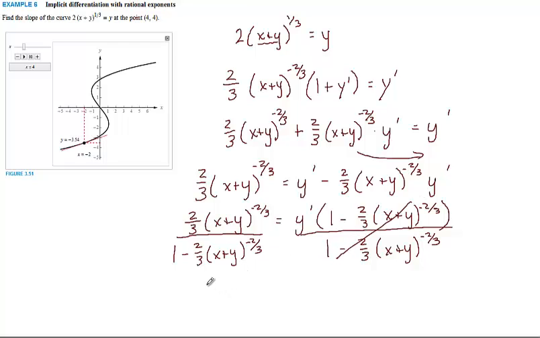Okay. So y prime equals, and I'll write it down again, and I'm going to write it as, see, that actually belongs in the denominator.